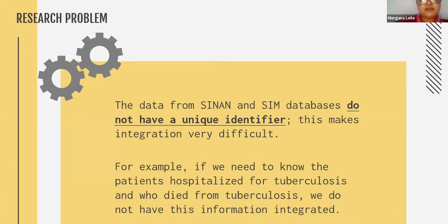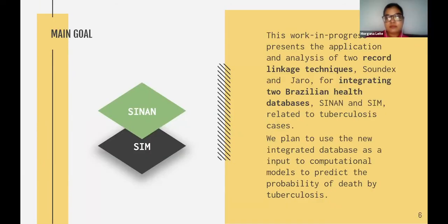For example, if we need to know the patients hospitalized for tuberculosis and who died from tuberculosis, we do not have this information integrated. So, this work in progress presents the application and analysis of two record linkage techniques, Soundex and Jaro, for integrating the two Brazilian health databases, SINAN and SIM, related to tuberculosis cases.